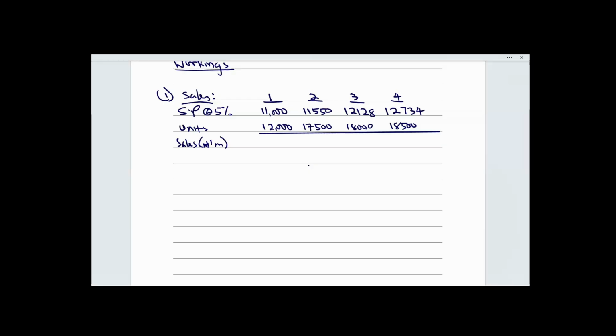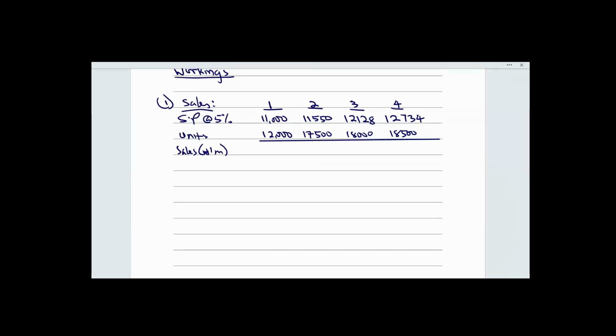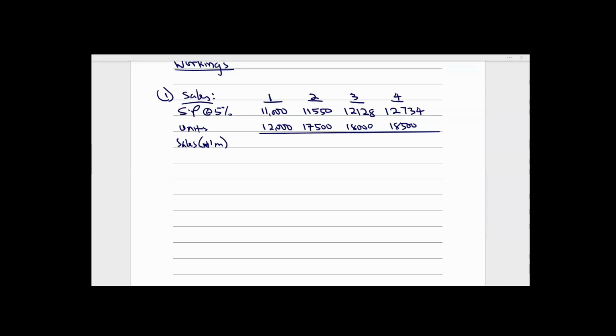will then be equal to, I'll bring out my calculator, 11,000 naira multiplied by 12,000 units, equal to 132 million. Next one, 11,550 multiplied by 17,500 equal to 202 million.